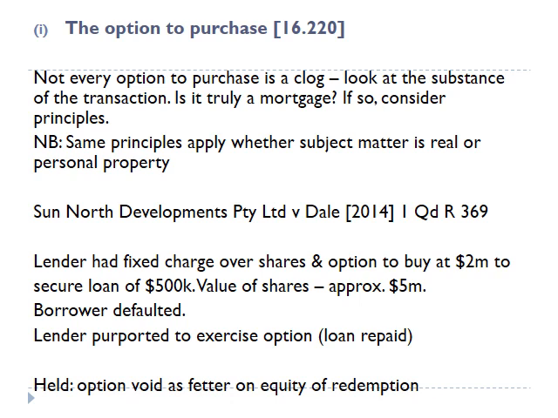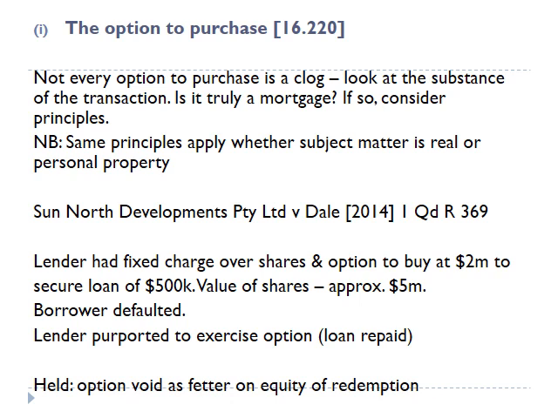I mentioned in the last slide that where there was an option to purchase granted to a mortgagee, that could amount to what's called the extinguishment of the right to redeem, if the transaction is in substance a mortgage.